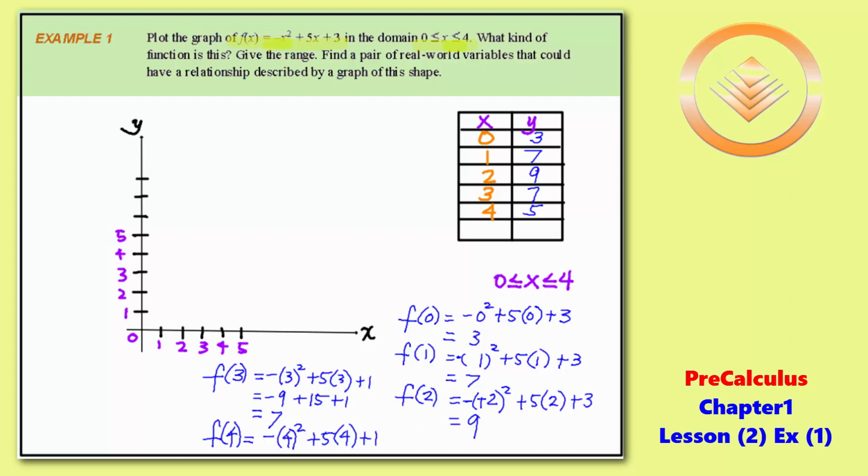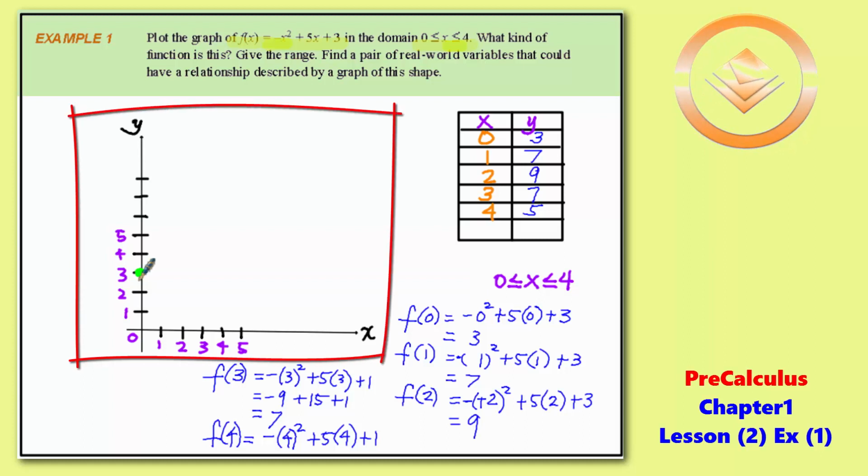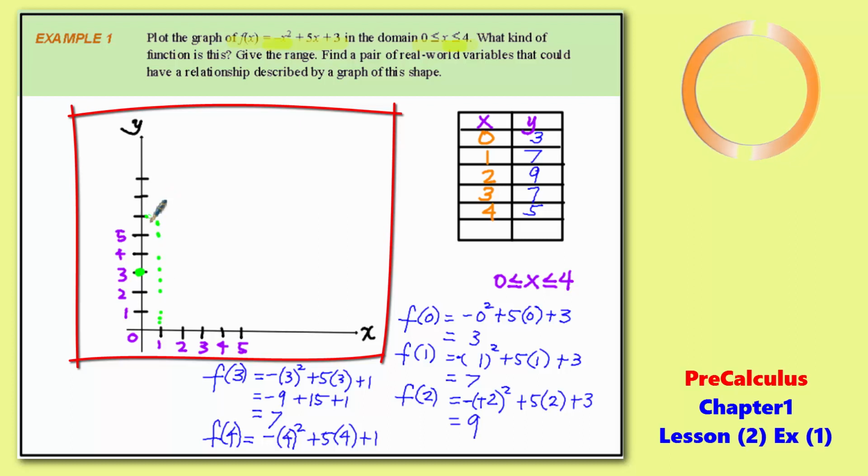the points. So if x is equal to 0, y is equal to 3. So we have this plot. Okay, if x is equal to 1, y is equal to 7. So it should be here. If our x is equal to 2, our y is equal to 9.